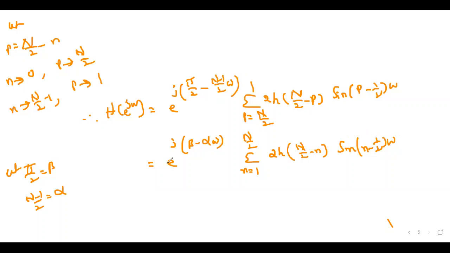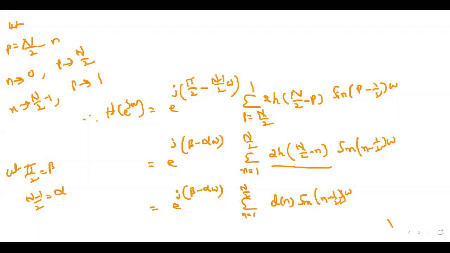Now I will simplify this with some assumption. That is e power j beta minus alpha omega into the summation n equal to 1 to n by 2, and this part I will assume as d of n, and the remaining part I will keep the same, sine of n minus 1 by 2 omega.